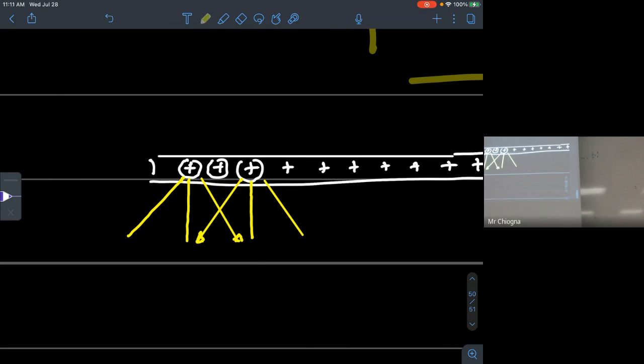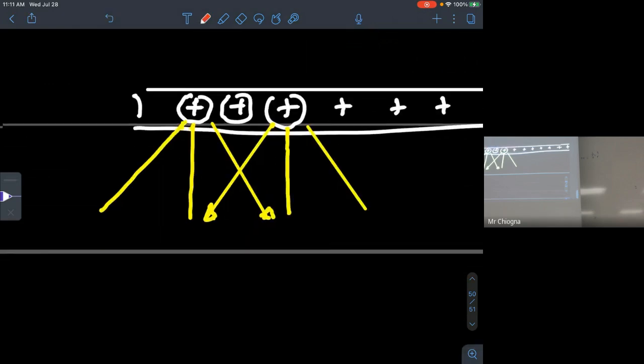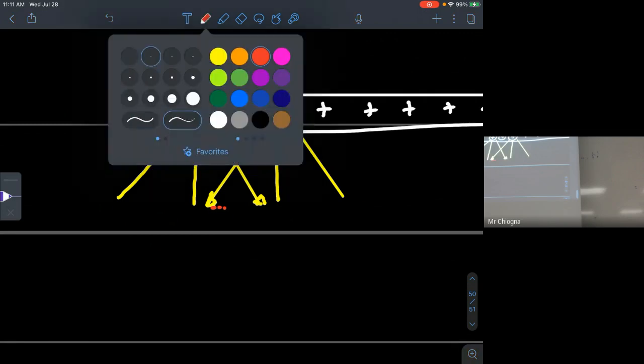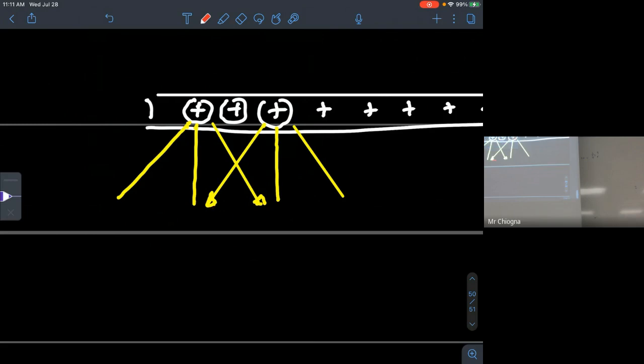Both of them, if we zero in on this, both of them have x components. This ray here has an x component that points towards the left. And this ray here has an x component that points towards the right.